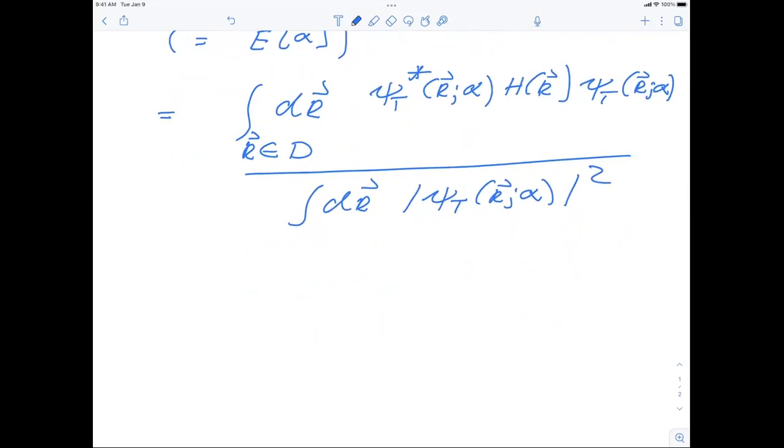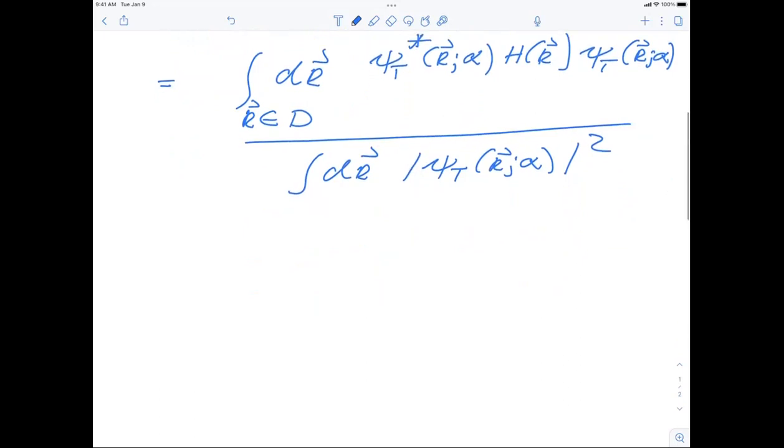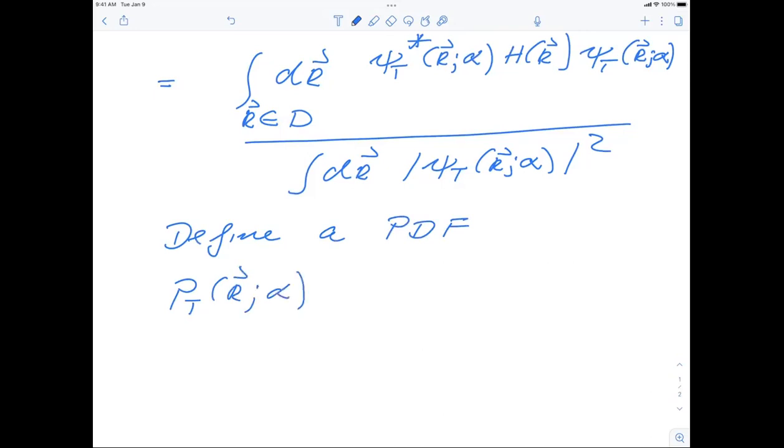Now, we want to translate this into a statistical expectation value. So we need to define a probability distribution function, this PDF. In our case, the quantum mechanical probability is going to be given by the probability defined by the trial wave function. That's why I'm putting a T here.